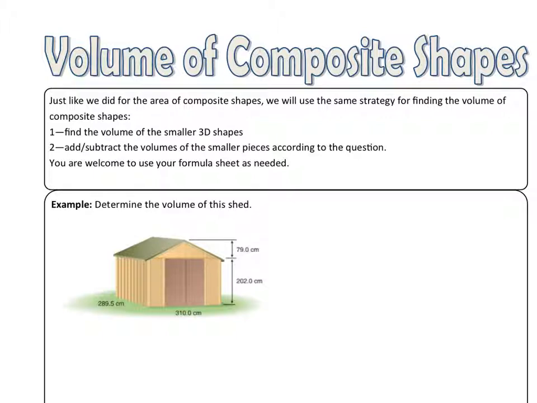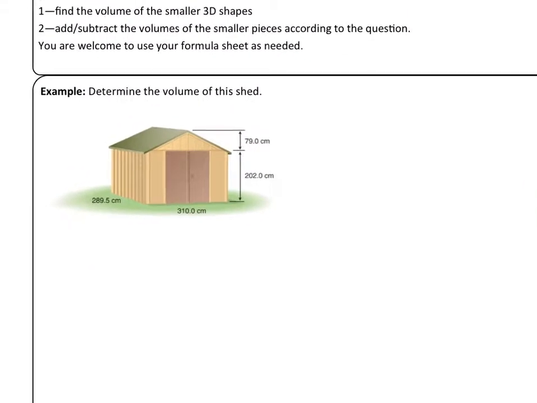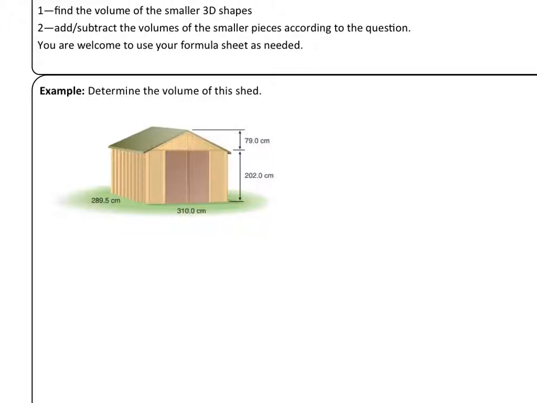So let me show you how this works using a quick example. We're going to determine the volume of the shed. One of the things I noticed here is the numbers are actually pretty big because they're in centimeters. So the first thing I'm going to do, just to make the numbers a little bit smaller, is change the measurements into meters. So if I change them to meters, this one's going to be 2.895.